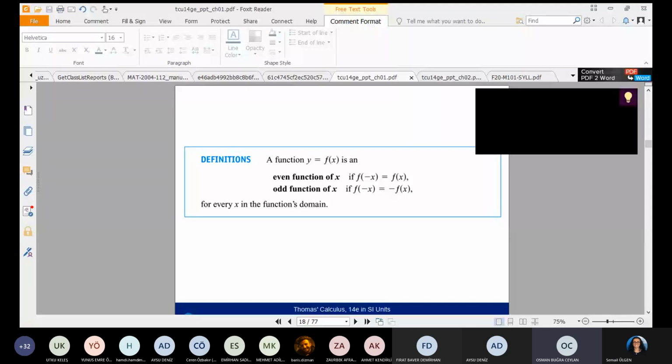Tabii. You mean increasing, decreasing, right? You're talking about increasing, decreasing or what? Yes, of course. If it's taking y values, then it's going to be... Which graph are you talking about? Which page?